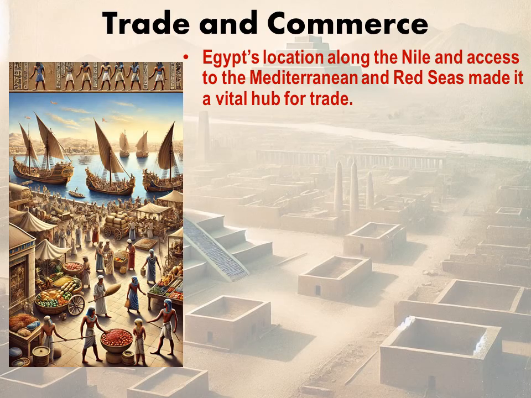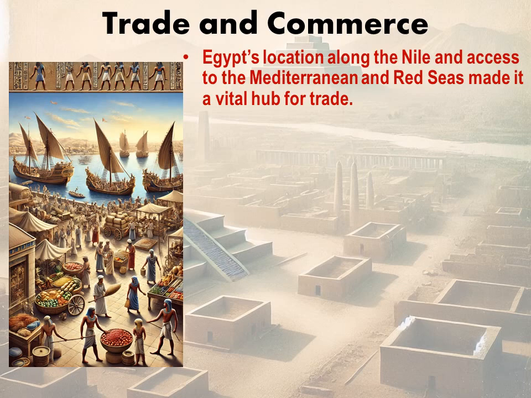So there was the Red Sea. If you remember the map from our last presentation of part 1 of Egyptian civilization, then you will know about the value of the Red Sea. The Red Sea is on the eastern part of Egypt and the Mediterranean Sea is on the northern part of Egypt.